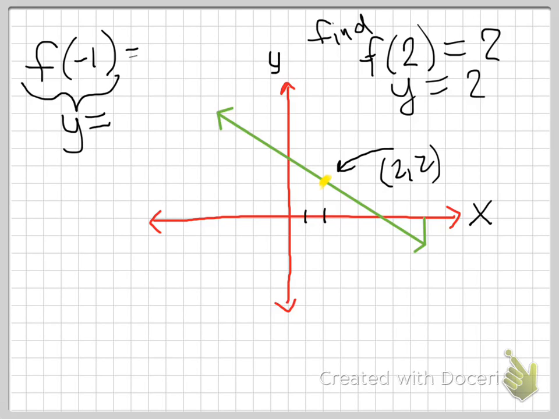They're saying, what is the y when the x is -1? Don't go to -1 on the y. That's a common error. So you go to -1 on the x, and you follow it up, and you can see when x is -1, then y is -4.